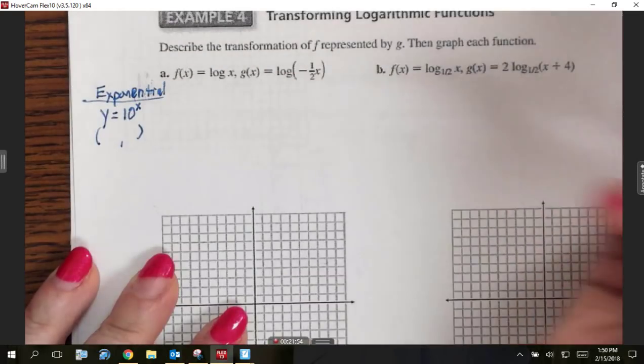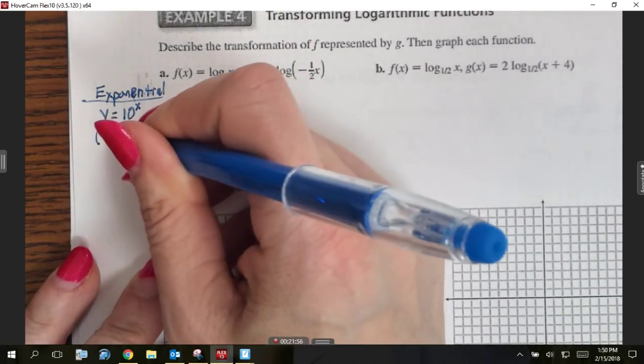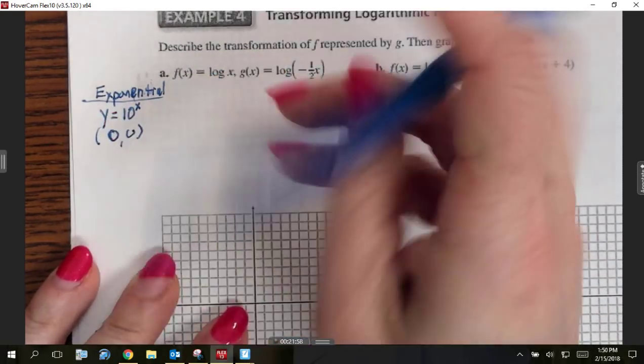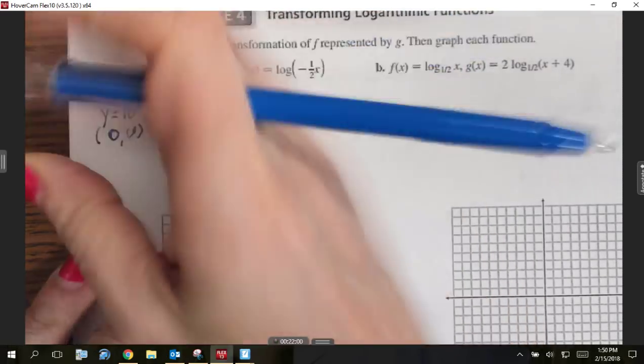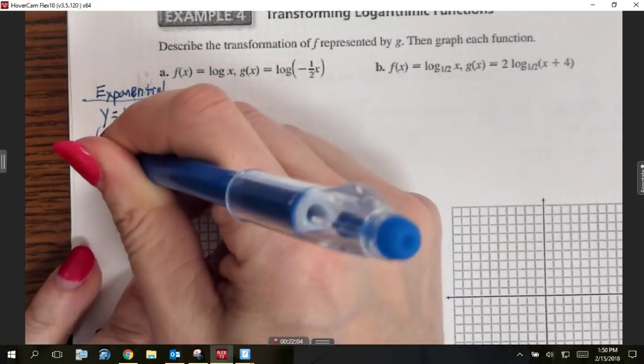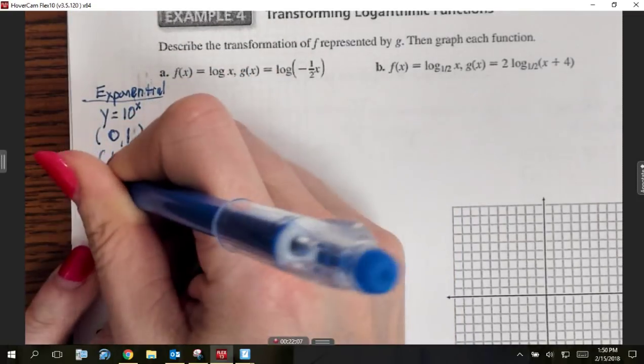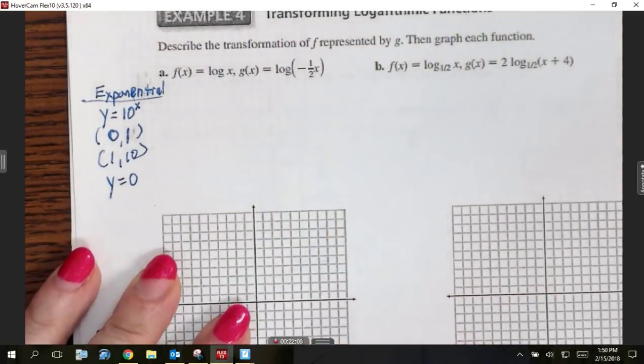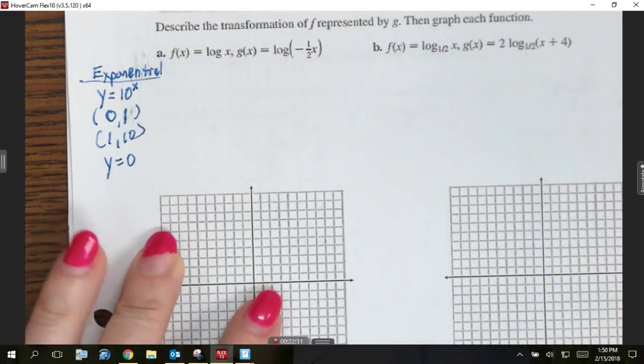And then I find my key points. For 10 to the x, that would be 0, 1, and 1, 10. And then y equals 0. That's my exponential information.